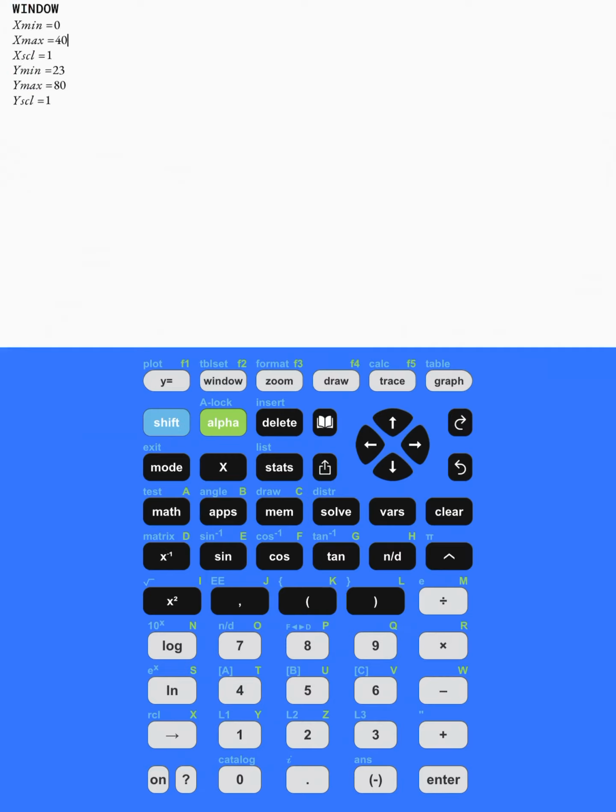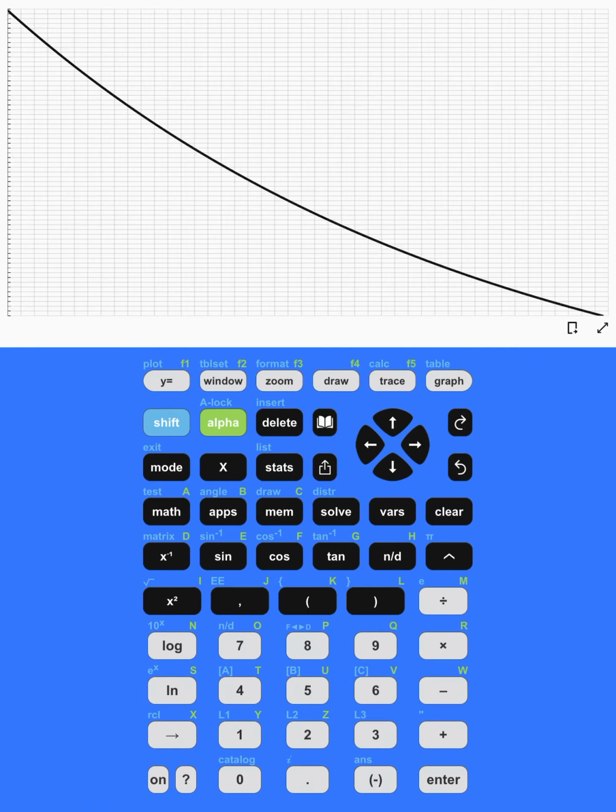We want to put our smallest time as 0 up to our largest time, which was 45. And then for Y, we want to go from our smallest temperature, which was 26 degrees Celsius, up to a temperature of 90. Now you can graph it and you should see this exponential equation being formed.